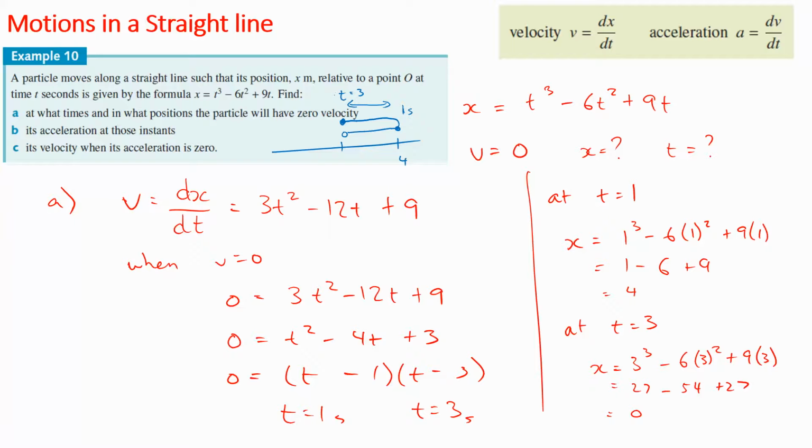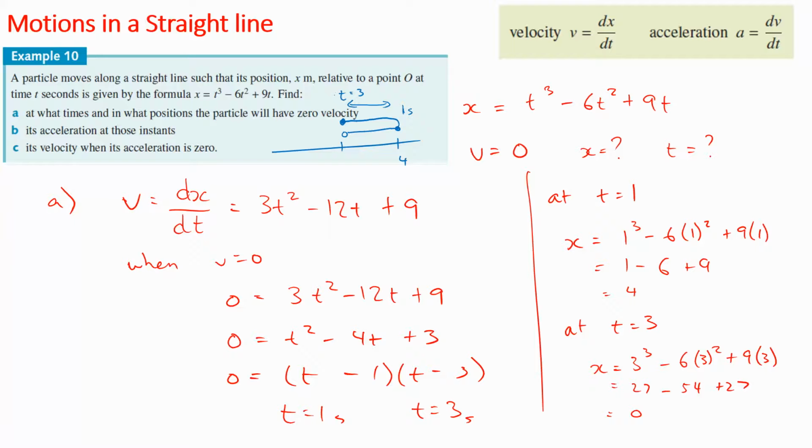Because in position, I actually ended up at the origin. But distance, I've moved 4 units to the right and then 4 units back. So the total distance is 8 units. Displacement, I haven't moved at all.